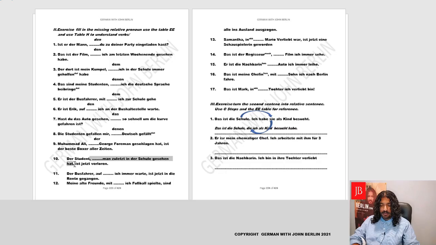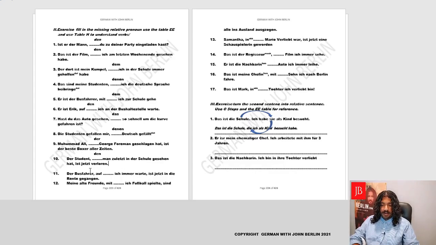We need to find out the verb. It's gesehen hat, seen has. So who has seen whom? One has seen whom. So basically, subject is already there, man, which means one. And we need to find the object. That's whom. We are replacing the Student, masculine. So again, we'll say Akkusativ masculine, den.